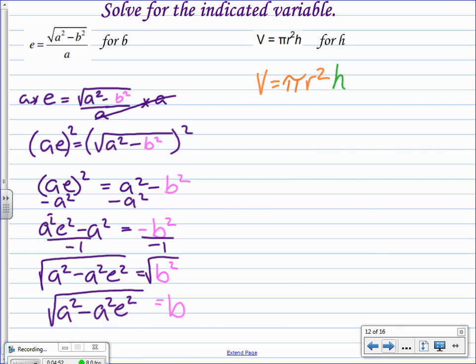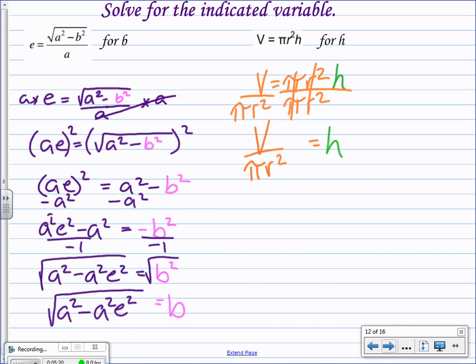Well, how do I undo times? I divide. I'm going to divide by pi r squared on both sides. And pi r squared over pi r squared makes a 1. So I'm going to get h equals volume over pi r squared. Okay? Great. So you have a couple of those to do on your work.